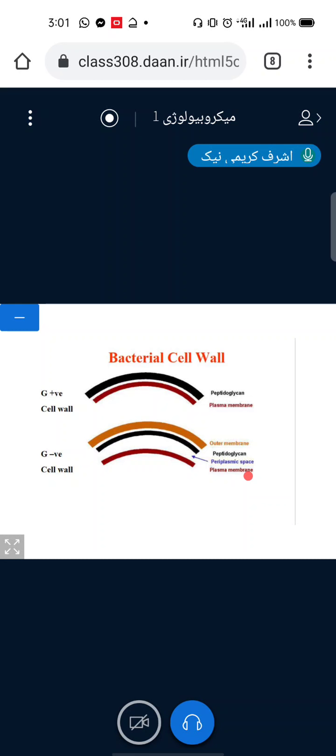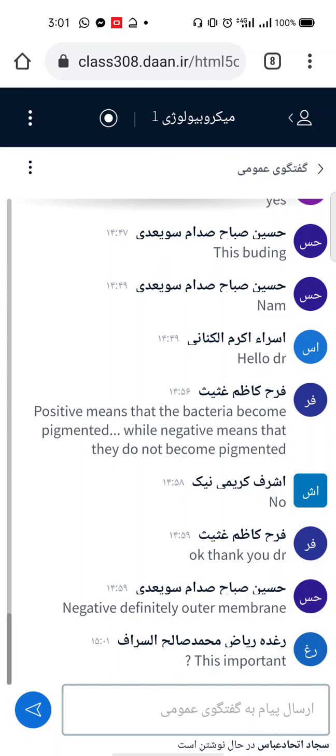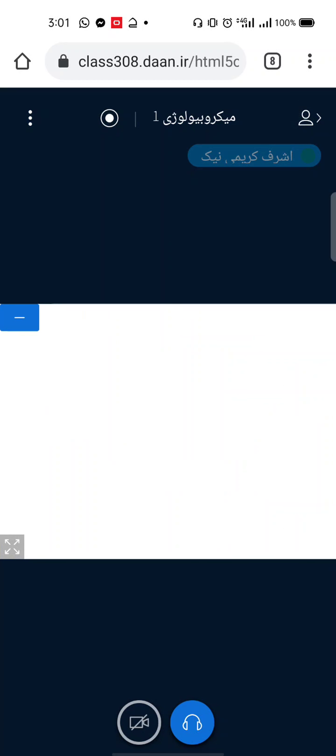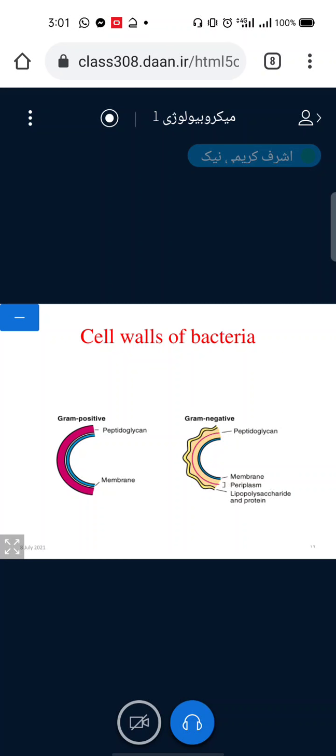Both have a plasma membrane, cell membrane, or cytoplasmic membrane; these are the same.